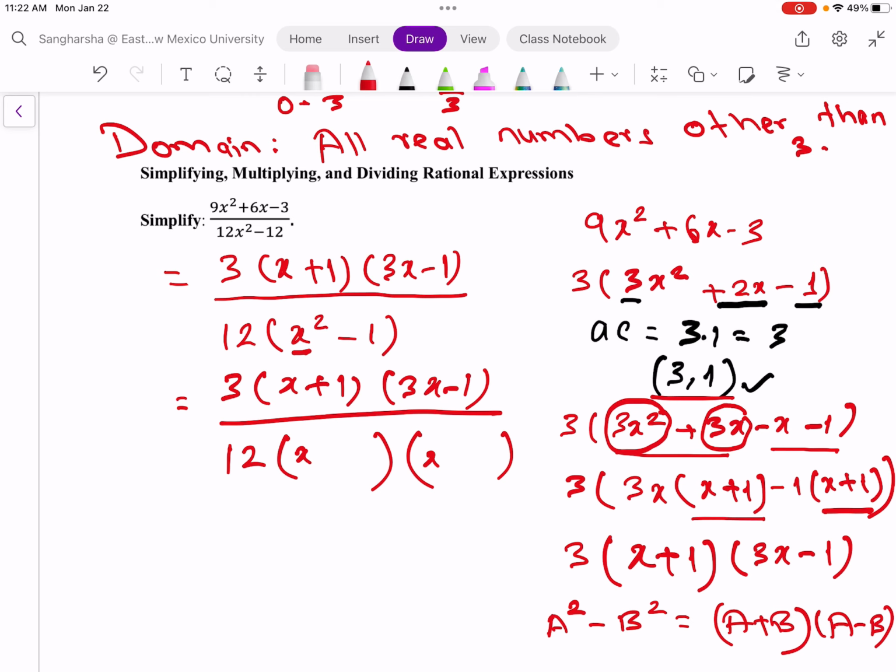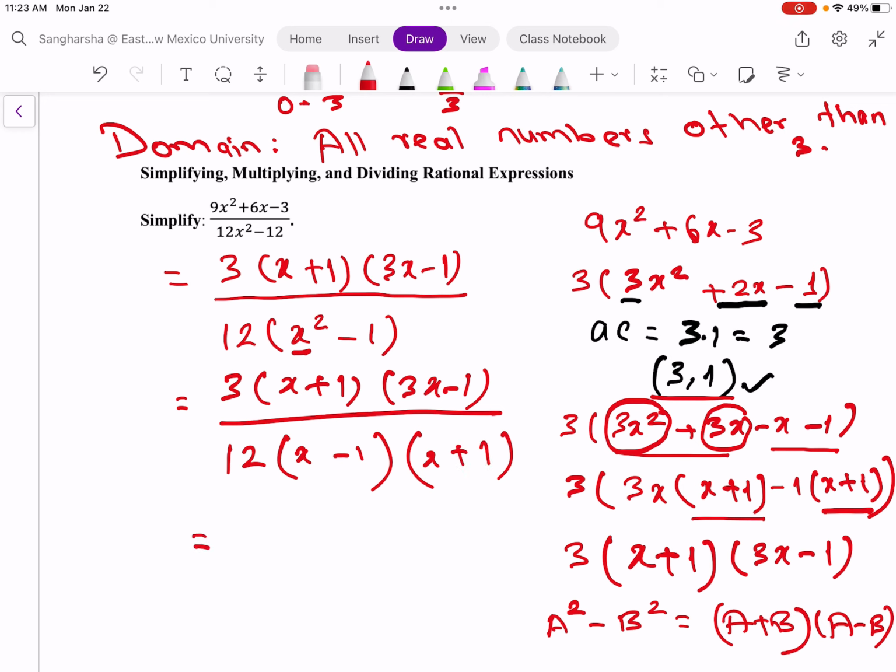Now what are the two numbers whose product is negative 1 and sum is equal to 0? There is no middle x term, so the sum has to be 0. Negative 1 and positive 1, right? Negative 1 times positive 1 is negative 1. Negative 1 plus 1 is 0. So negative 1, positive 1.